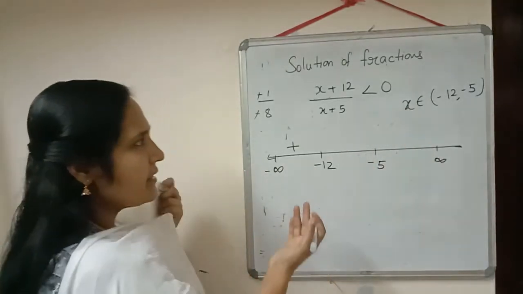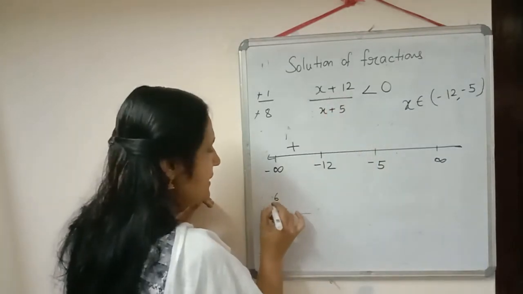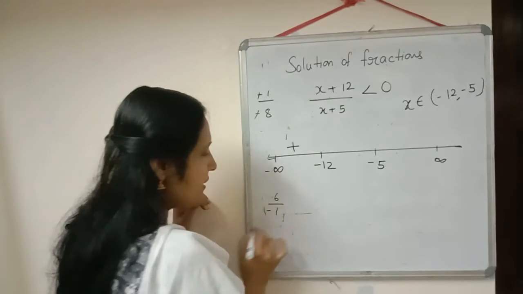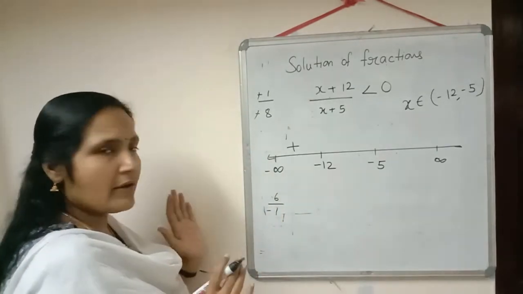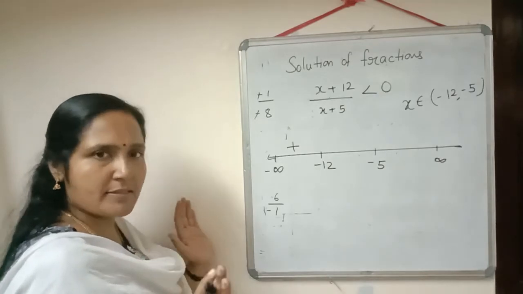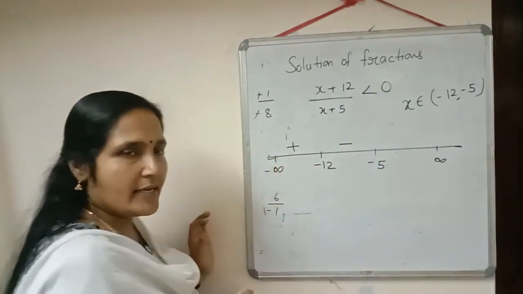Any other number, minus 6. Then minus 6 plus 12 will be equal to 6, by minus 6 plus 5, which is minus 1. We don't have to simplify, we are just checking the sign, whether it will be positive or negative. So in this case we are getting a negative number.